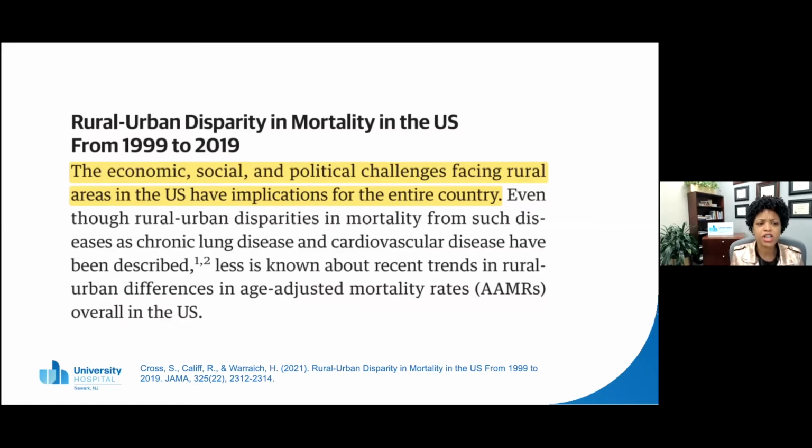But here the difference is in rural and urban populations around mortality, because what we know is that the challenges faced by rural communities have implications for the entire country. Because whenever a population is historically excluded, historically stigmatized, or marginalized, be it by systems of oppression, be it by less economic development or access, those factors can be specific to those populations, but oftentimes those factors are similar across multiple populations. Next slide.